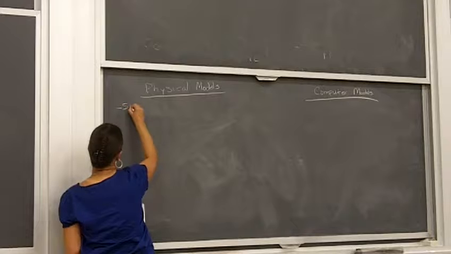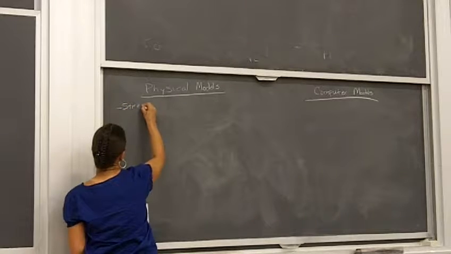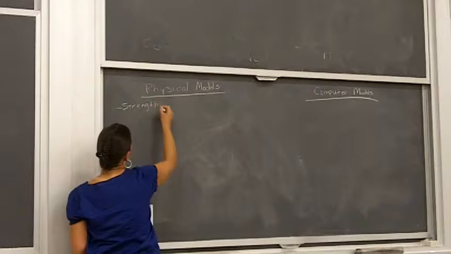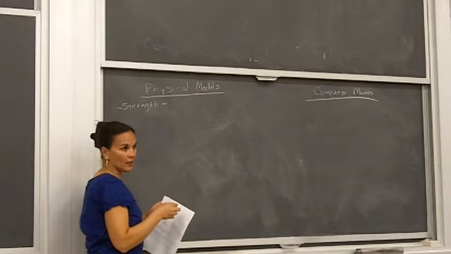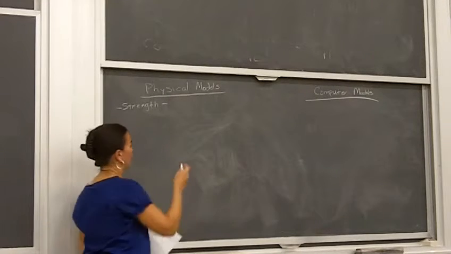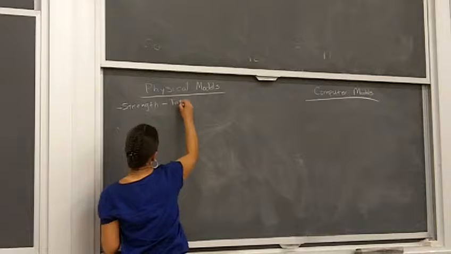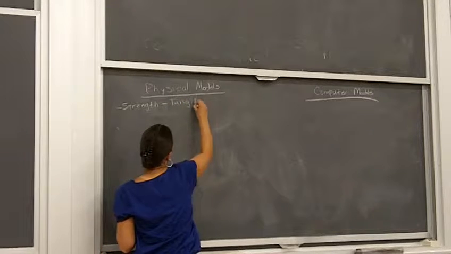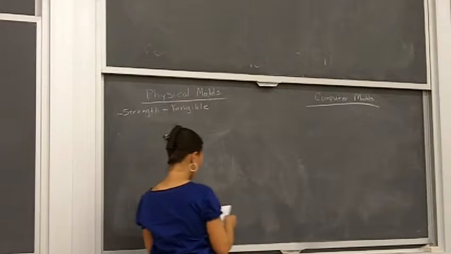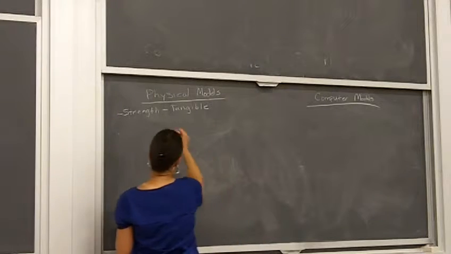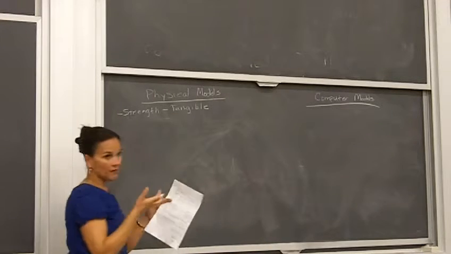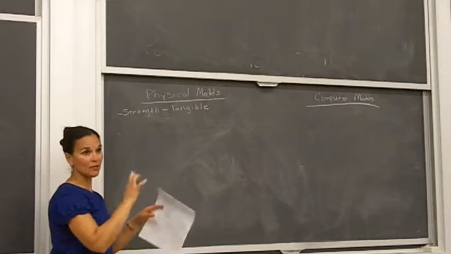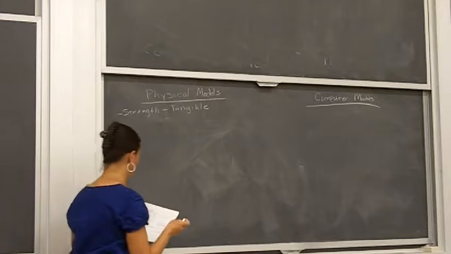So one of the strengths of physical models is that you can actually see them and handle them, okay? So they are tangible. You can usually easily see things in 3D with physical models because it's actually something you hold in your hand.